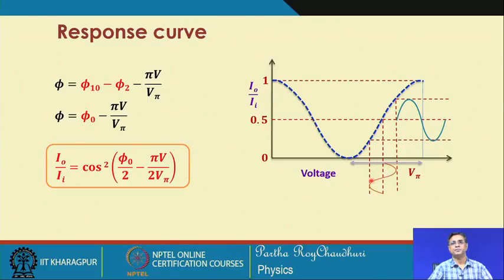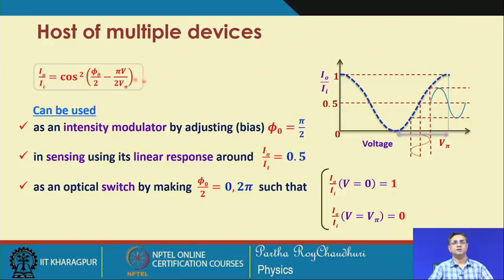If this is the input intensity, you get the output intensity, which is modulated in this form. So, this is a very interesting application, and one can see that if you put this phi 0 equal to pi by 2, then this will be equal to pi by 4, and it can be used as an intensity modulator.